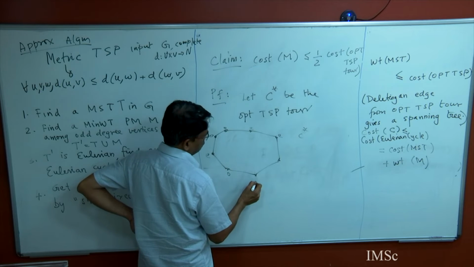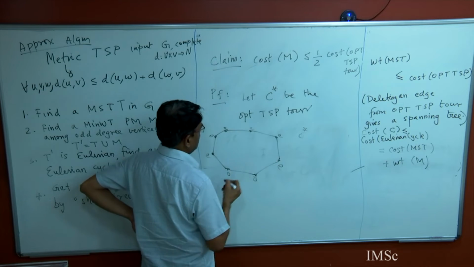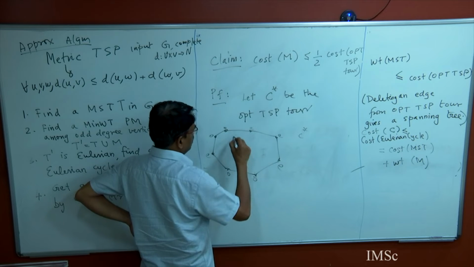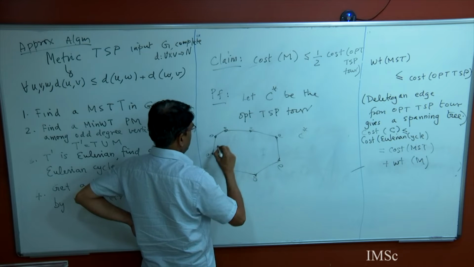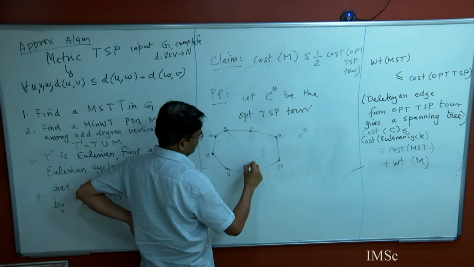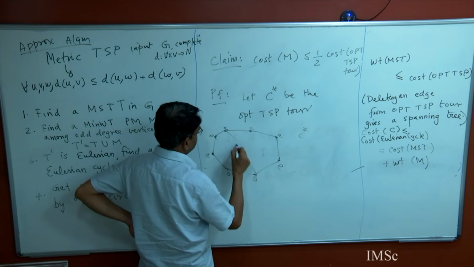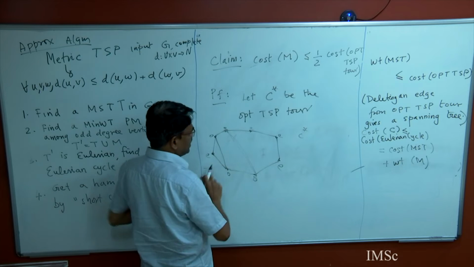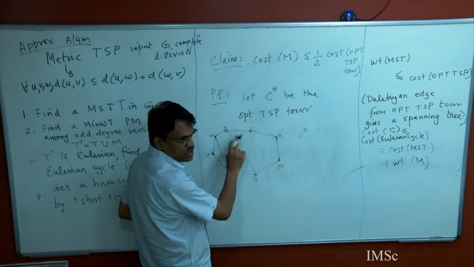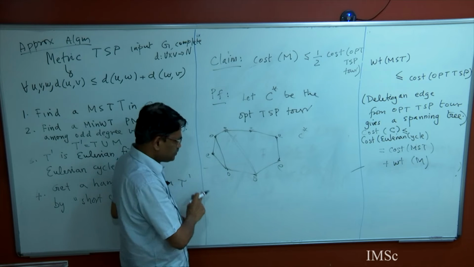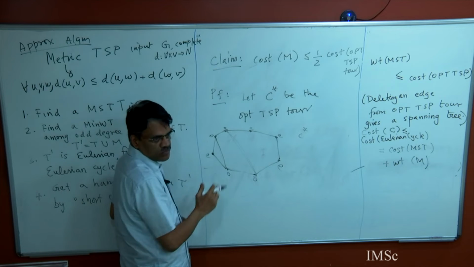even, odd, even, let us say. So, what I am going to do is this short circuiting, keep only the odd degree vertices and look at this cycle. Okay, just basically delete the even degree vertices and do a short circuiting, right. And look at this tour.